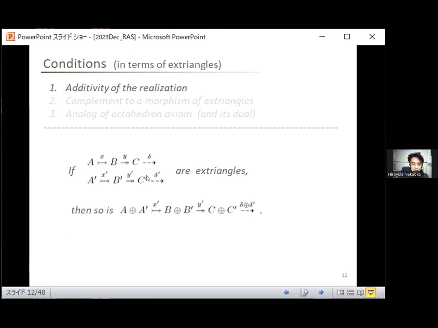So we take direct sums term by term, then it becomes an X triangle again. Here delta plus delta prime is the direct sum of two extensions in the category of extensions. So this is the first condition.